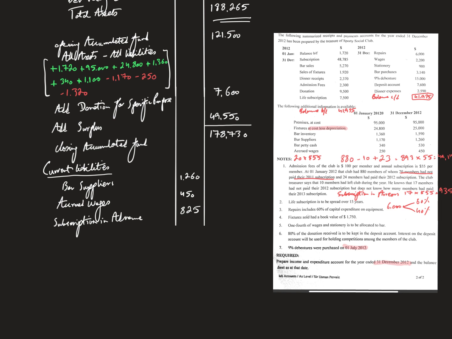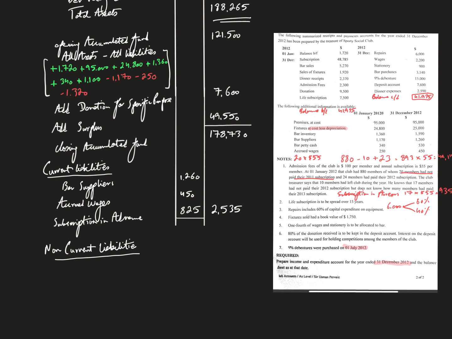ओके, देन any other current liability? No? That's a non-current liability. Total current liabilities बता दें क्या? 2535.